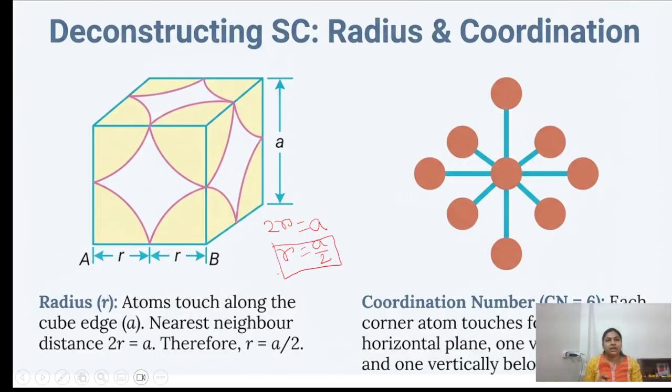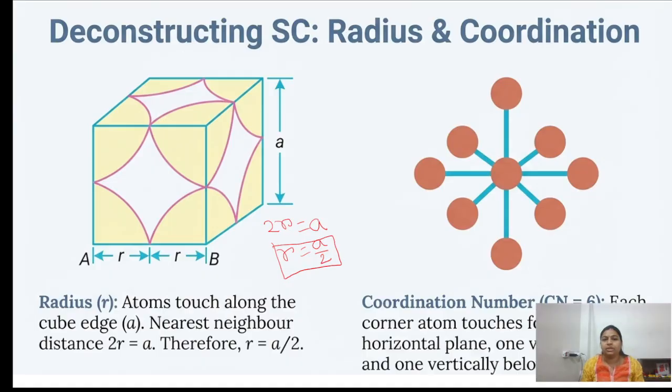So the atomic radius of the simple cubic structure is a by 2, that is, half of the lattice parameter or length of the side of the cubic cell.